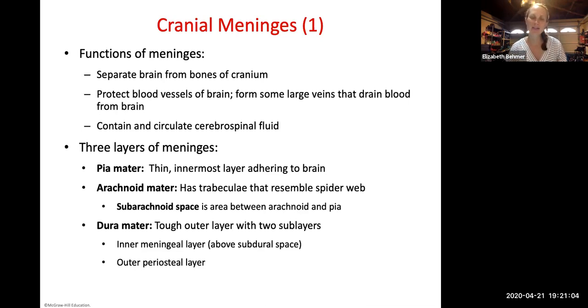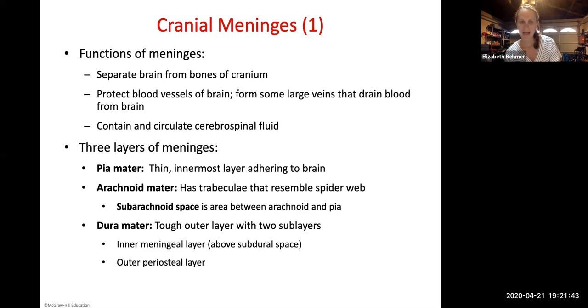And then moving more superficially, we have the arachnoid mater, which has little trabeculae or branches that resemble a spider web. That's how it gets its name, arachnoid. Right beneath the arachnoid mater layer, we have a subarachnoid space, which is an area between the arachnoid and pia layers. And then the dura mater is the tough outer layer with 2 sublayers. It has an inner meningeal layer and an outer periosteal layer.